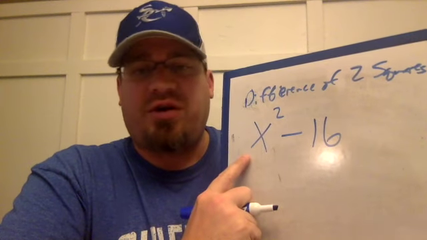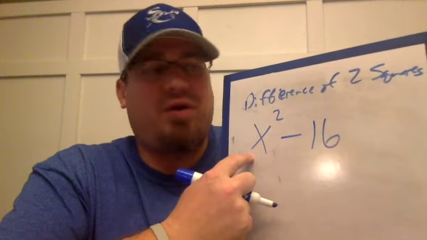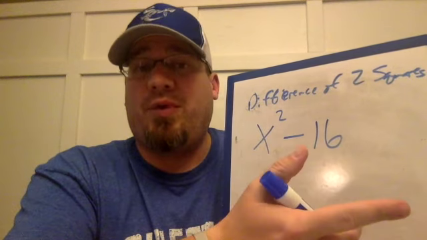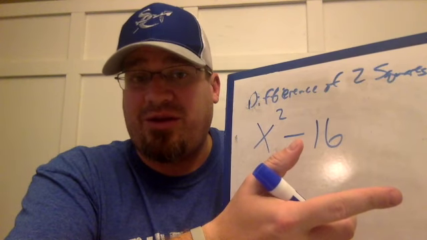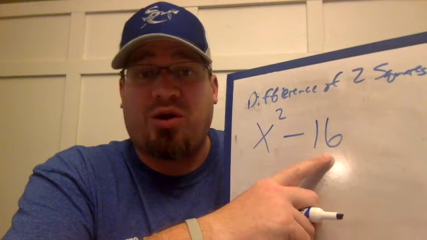Of course, x squared is easy to spot because x squared is a square. The number is sometimes a little harder to remember, but remember we had a quiz on this before we left for coronavirus vacation where you should remember all of the perfect squares.